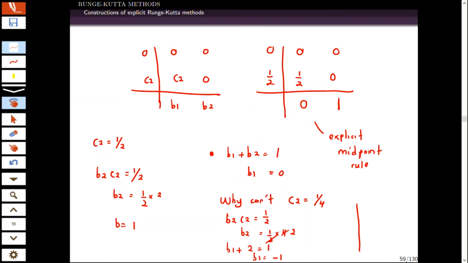So you will have a method like this: 0, 0, 0, a quarter, 0, B1 negative 1, 2. Now this method does satisfy order 1. It can satisfy order 2 because of B2 C2.